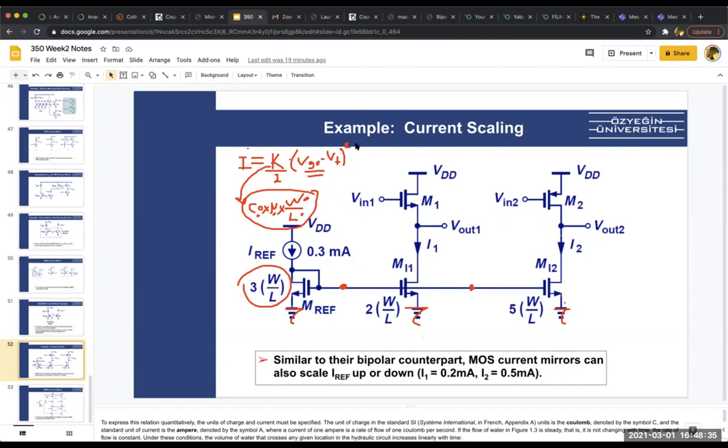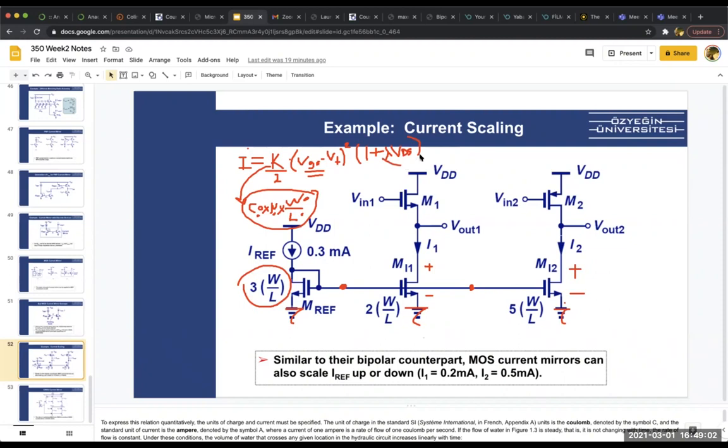There is a non-ideal situation, because as you remember, we had this 1 plus alpha VDS. So if you go to the lab and measure the currents, you won't see exactly what you want, because the VDS of this will probably be different from the VDS of this.